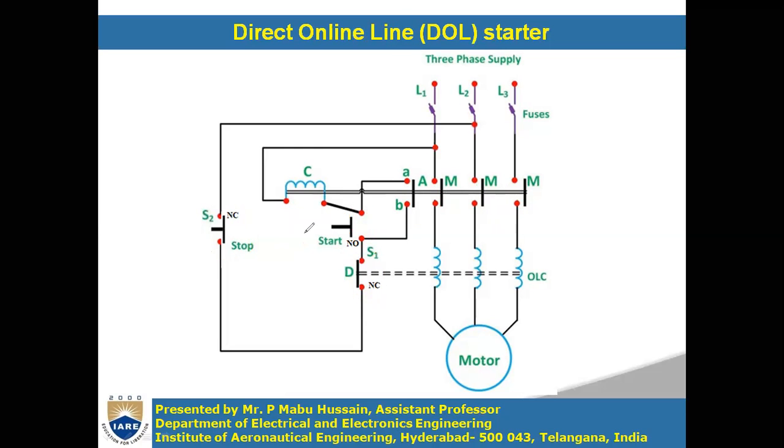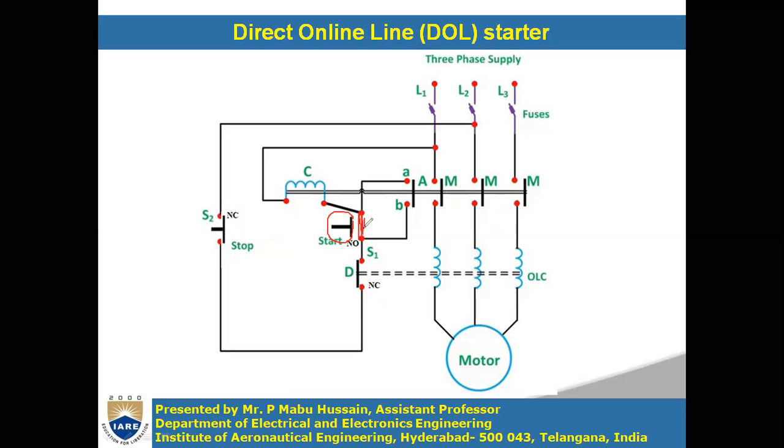Now, whenever you press the start button, it will close this. Already this switch is normally closed, so initially it will be in closed position. The stop switch will also be in closed position.